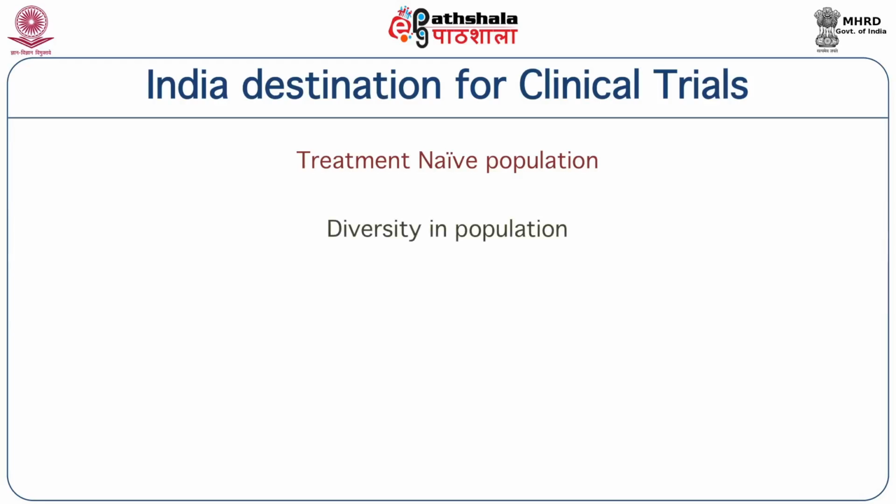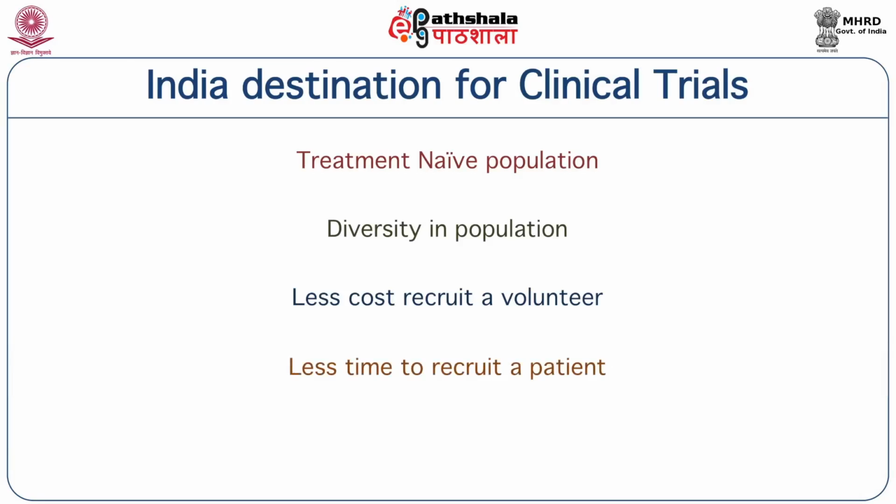It is very cheap for the patients to be recruited in the Indian context. The amount of time it consumes to recruit a patient is fairly short. The regulatory mechanism is very weak, therefore you get all the approvals fairly quickly. So, India is becoming the destination for clinical trials.